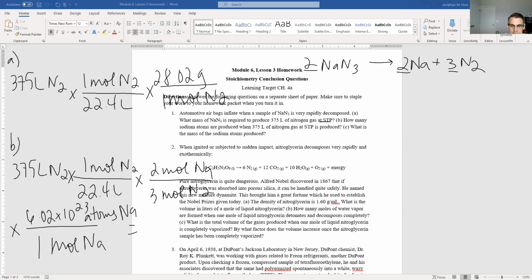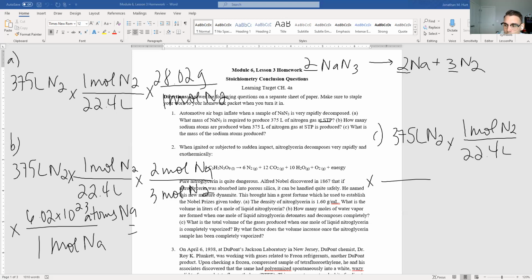What is the mass of the sodium atoms produced? Okay, so you could take your answer for B and turn it into grams, but that would require me finding the answer, and I don't have my good calculator in front of me. So what I'm going to do is just do the same conversion from 375 liters of nitrogen to 1 mole. That's 22.4 liters.